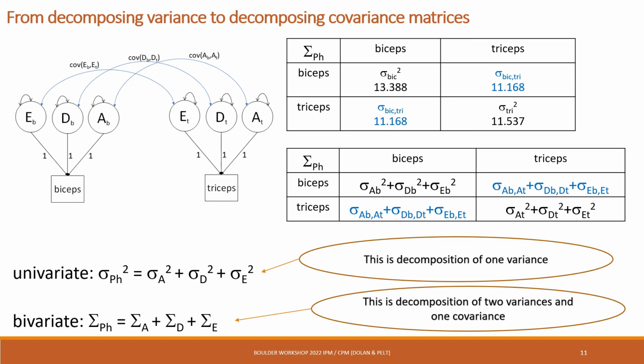What are the parts? Well, it's the covariance between the A effects, the D effects, and the E effects: sigma AB/AT, sigma DB/DT, and sigma EB/ET. So we're going from a decomposition of 1 variance to the decomposition of 2 variances and a covariance all at the same time.